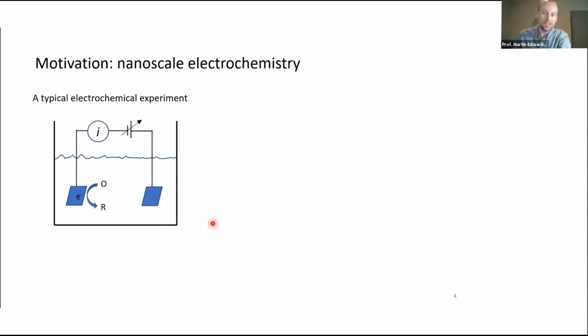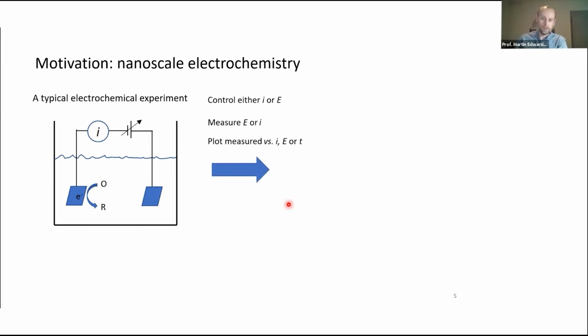While my slides are frozen, I'll carry on talking. In this measurement, we're going to either control the potential or the current, and we're going to measure whatever that other variable is. There we go, we started moving again.